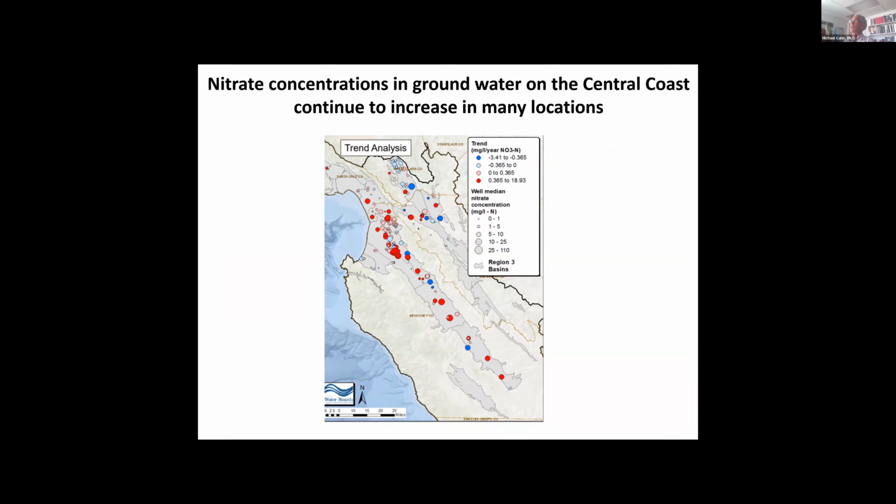And through the consistent production of vegetables and berries on the coast over many years, our groundwater, which we rely on for both irrigation and drinking water, has become contaminated with high nitrates in the groundwater.